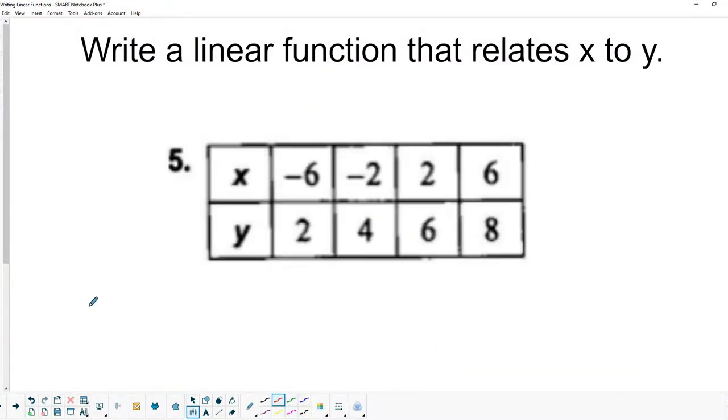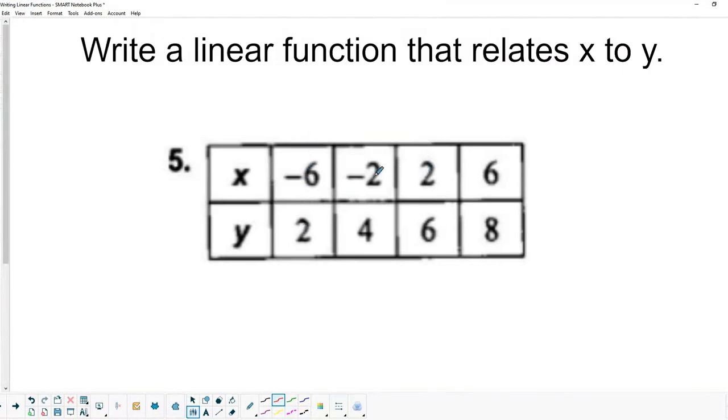Okay, keep it going. We got another table of values. This one doesn't have a 0 in the x column, so we're going to have to find where 0 might be so we can find what the y value is, and that's the y-intercept. So let's look at the pattern and see what's going on here.